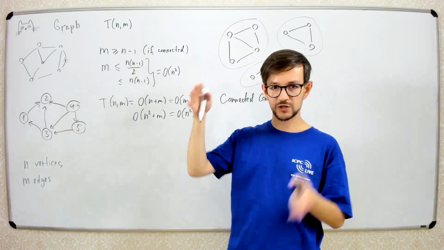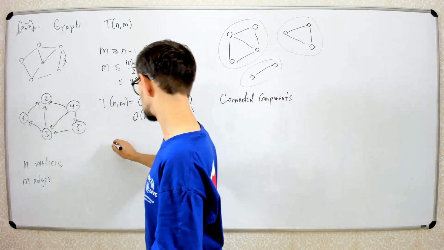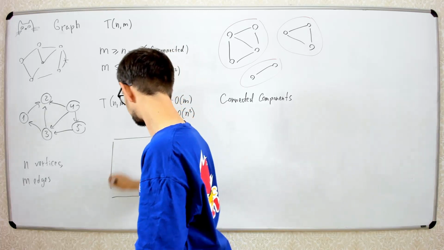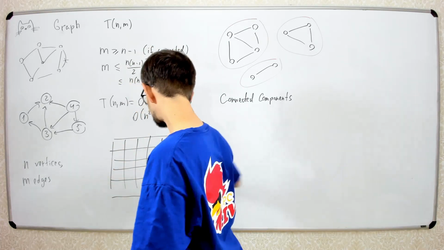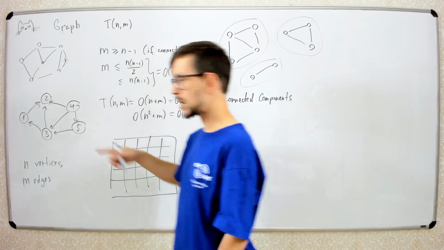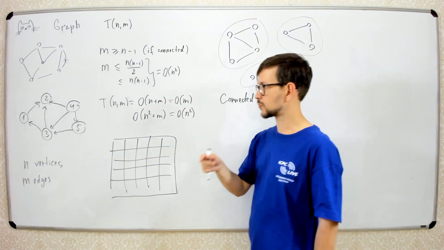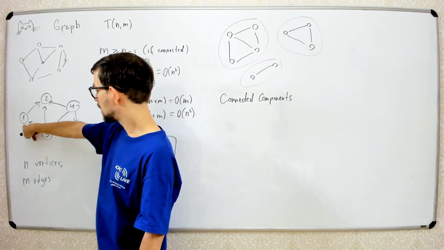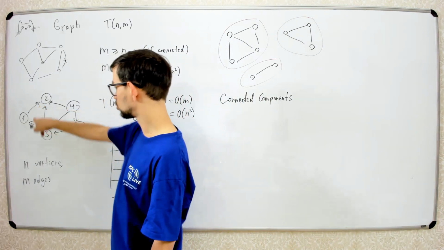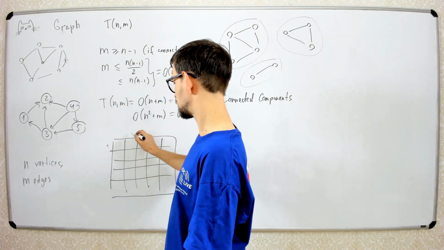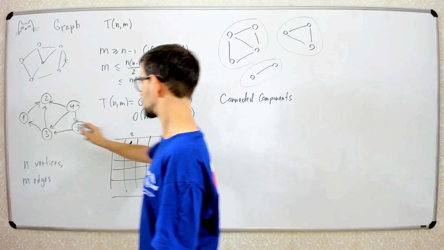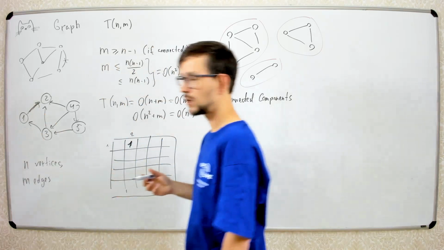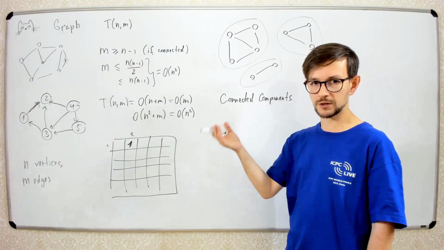For this graph, you can start like this. You can make a 5 by 5 matrix because you have 5 nodes. And now for each edge, you just put 1 in the corresponding cell. For example, here you have node 1, and node 1 has an edge to node 2. So you take the first row, take the second column, and put 1 here. So this one corresponds to this edge. And so on. For each edge, you just put 1 in the corresponding cell.